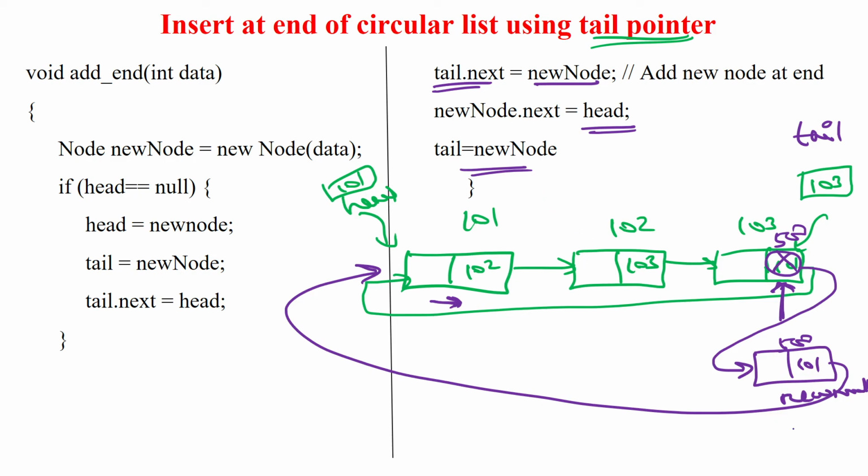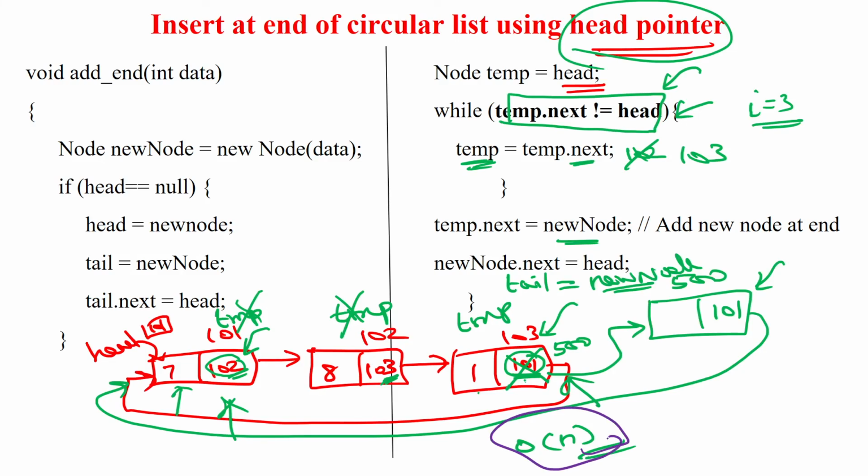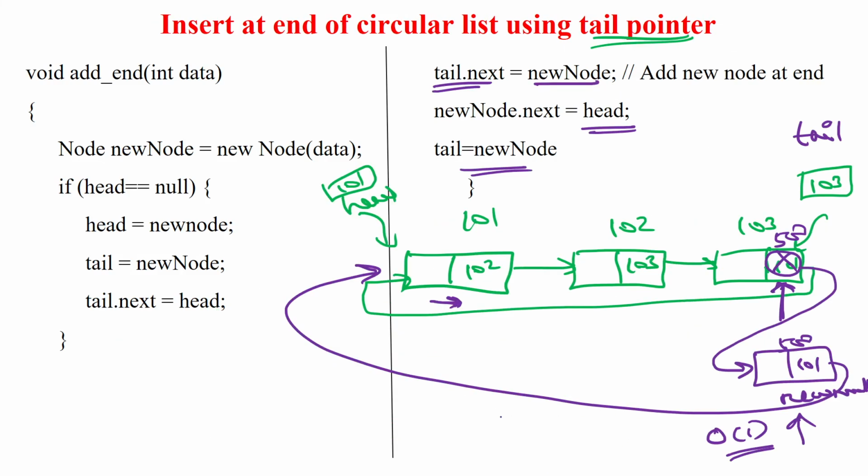So we added the node at the end of the list. Here you see I am using only order of 1, directly accessing the list by using the tail pointer, but previously with the head pointer it was order of n. So this is the difference. So mostly, inserting a node at the end of a circular linked list is done by using the tail node.